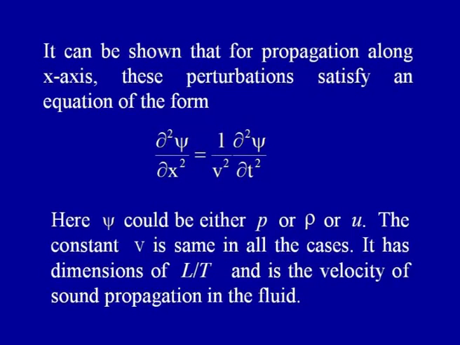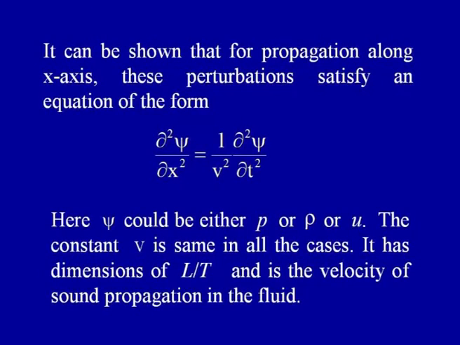It can be shown that for propagation along the x axis, the perturbations in pressure, perturbations in density, perturbations in particle speed satisfy an equation of the form del 2 psi by del x square is equal to 1 upon v square times del 2 psi by del t square.